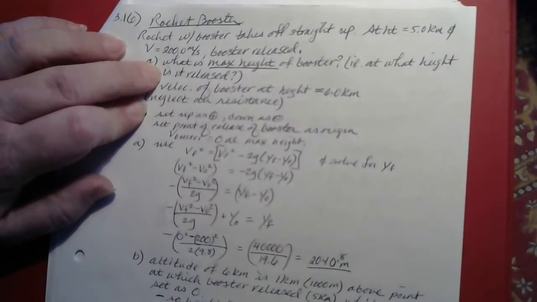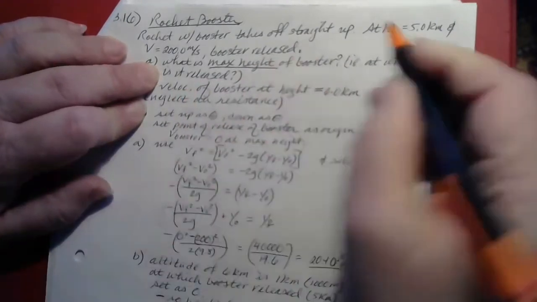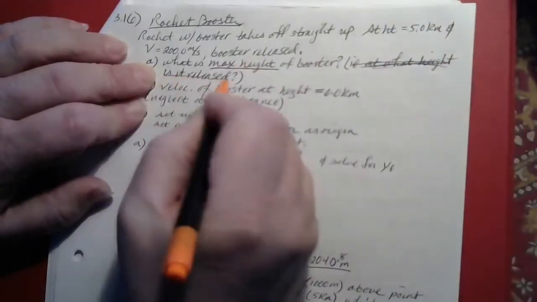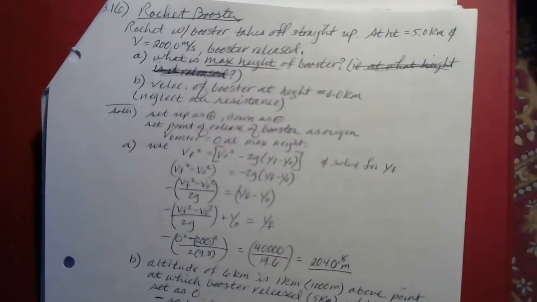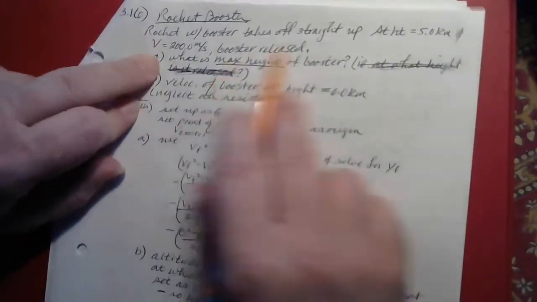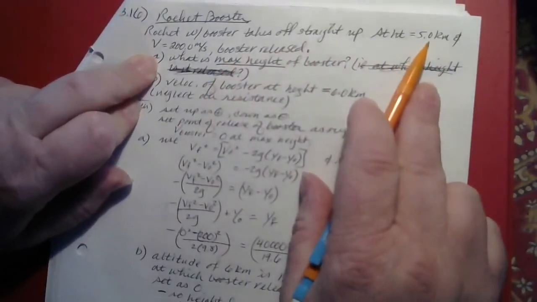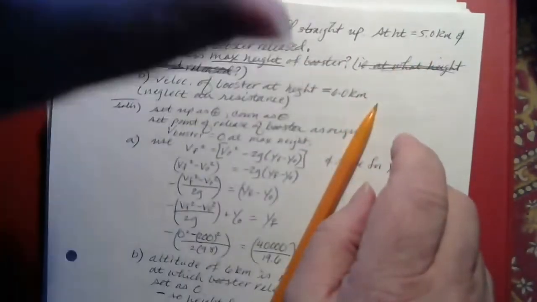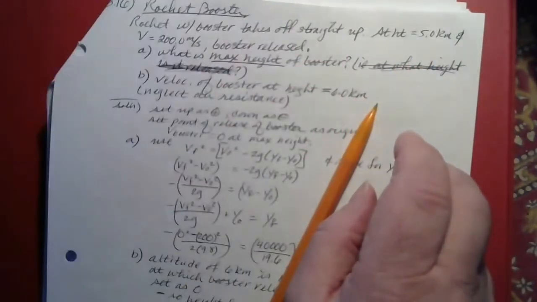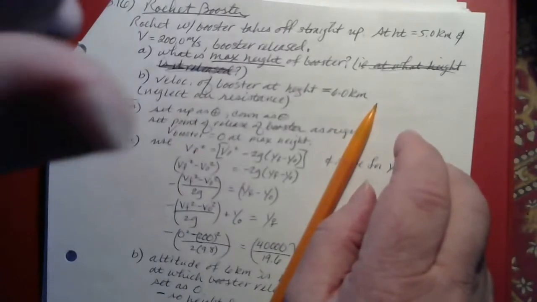In other words, oh no, sorry, that's not at what height is it released, because they told you that. The maximum height of the booster is actually not 5 kilometers, because remember, the rocket is moving upward. And so at the moment the booster is released, it still has that upward momentum.